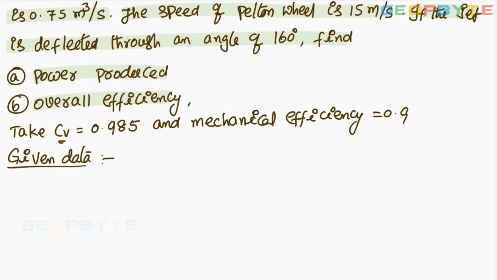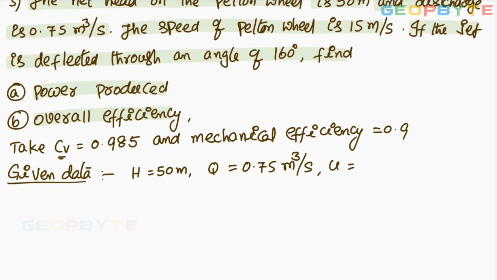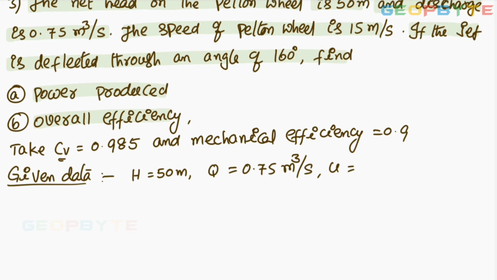Given data: head available equal to 50 meters. Discharge Q equal to 0.75 meter cube per second. Blade speed U equal to 15 meters per second.